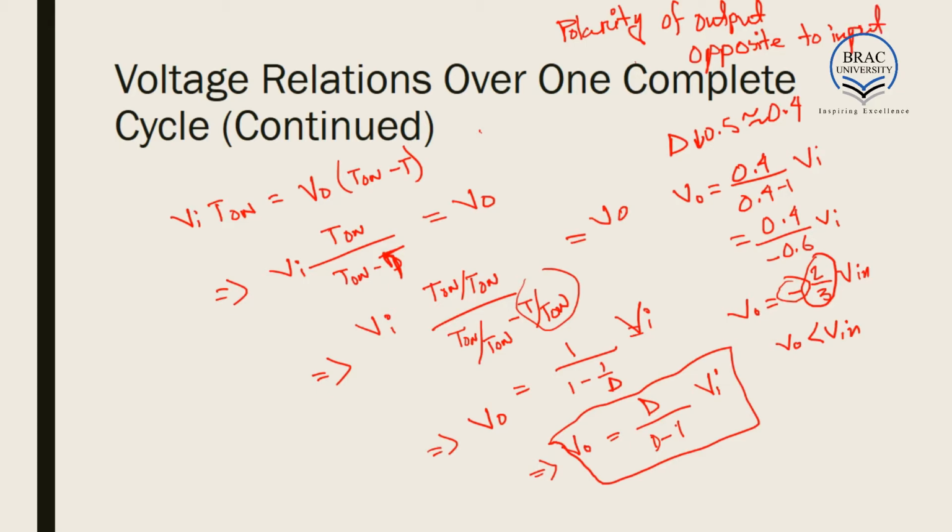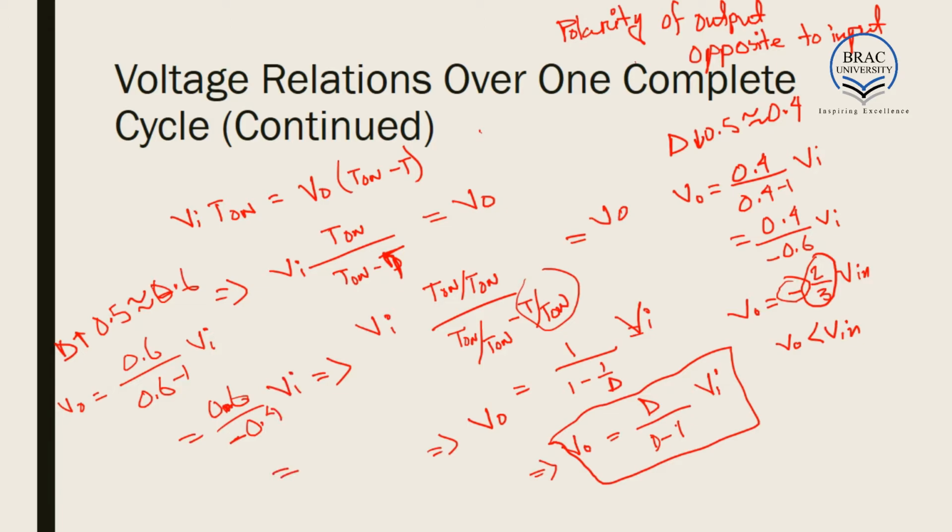We can say again, if D is greater than 0.5, we get V output, say it's 0.6 for our calculation, so V output is equal to 0.6 divided by 0.6 minus 1 into Vi, that is 0.6 divided by minus 0.4 Vi, equal to minus 3 by 2 Vi.